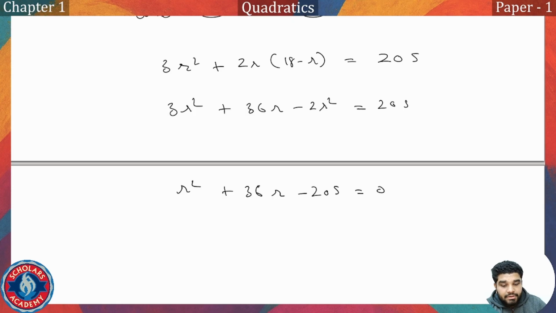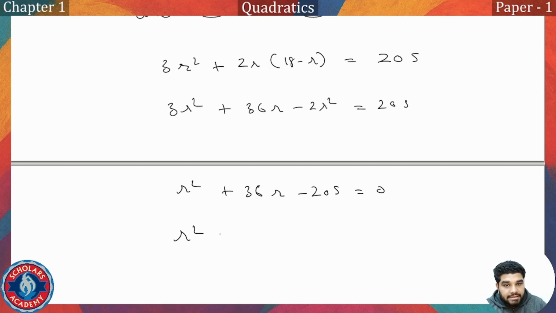So now what I can do is form factors of this equation, and my factors are r and r. I can see the product is negative, the sum is positive. It means if the product is negative, I will have a positive number and a negative number in multiplication. The greater value will be positive, and when splitting this middle term, the smaller one will get a negative value. If I look closely, it is 41 times 5.